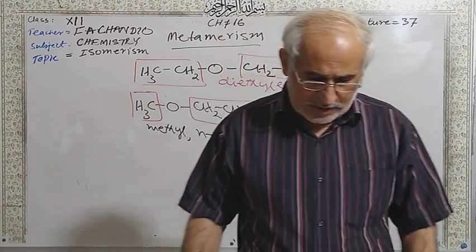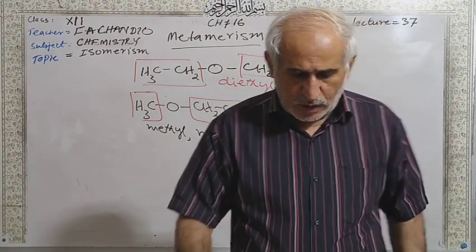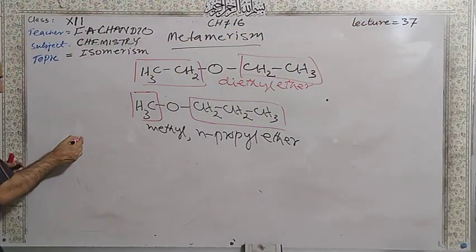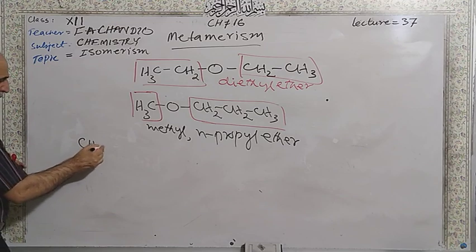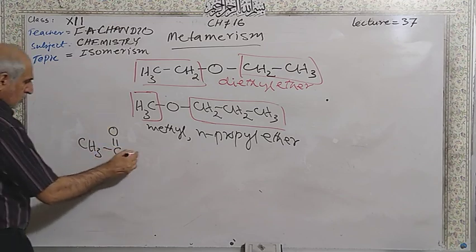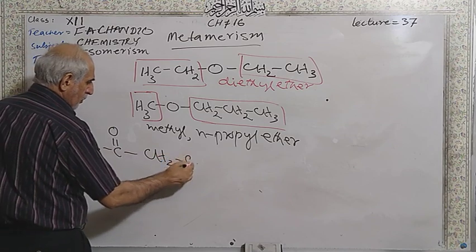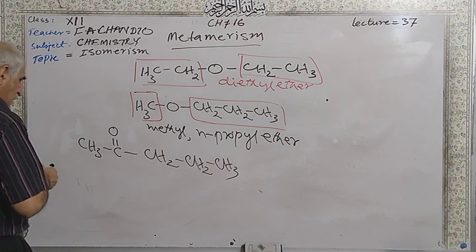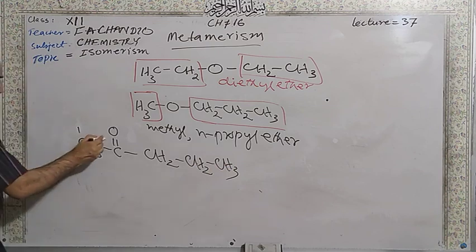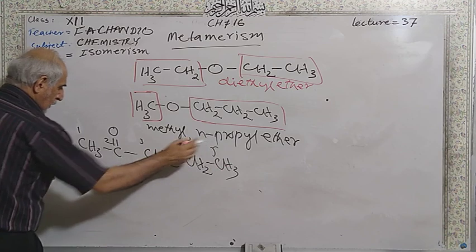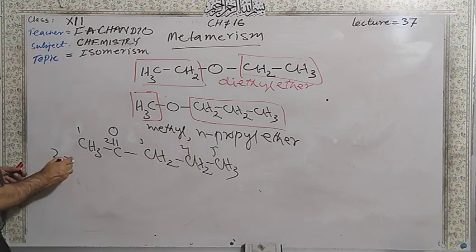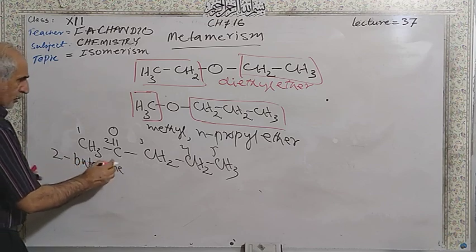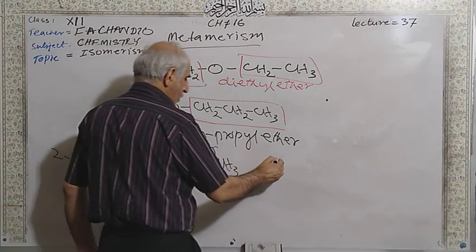So these are the homologous series, and there is also another example. This compound is called 1, 2, 3, 4, 2-butanone.